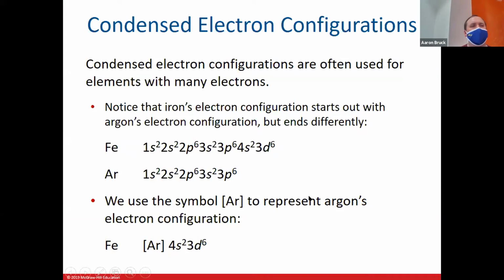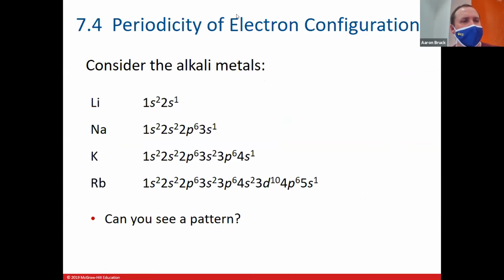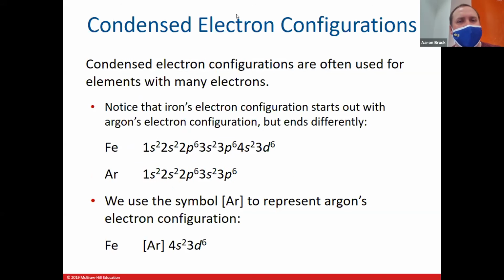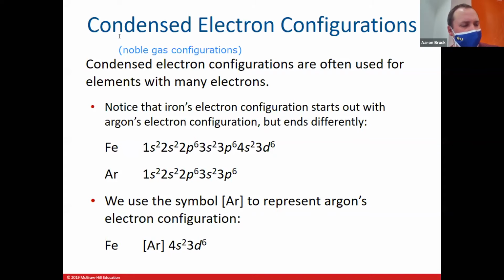Okay, so let's talk briefly then about condensed configurations, also known as noble gas configurations. These configurations, as I alluded to before, are common, and they're really valuable in the larger elements that have more electrons.